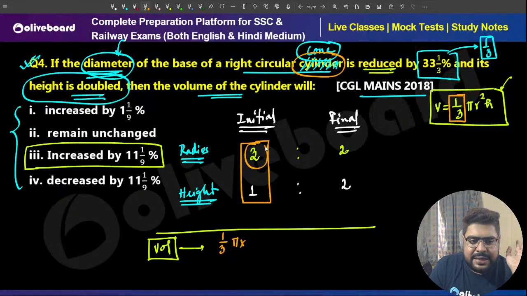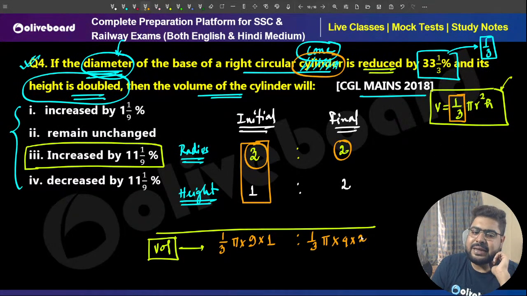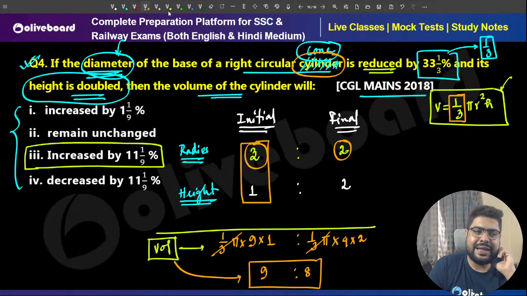R square means 3 square, that is 9, into h, that is 1. And what will be the final volume? 1/3 pi into r square, 2 square, that is 4, into h, that is 2. Let's cancel 1/3 pi. So it is 9:8. That is the ratio of the volume.